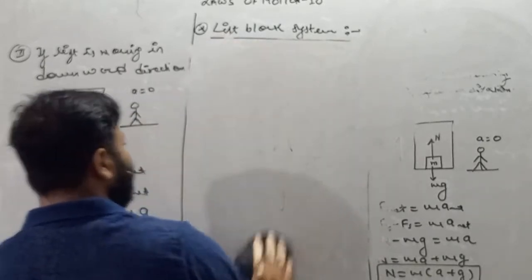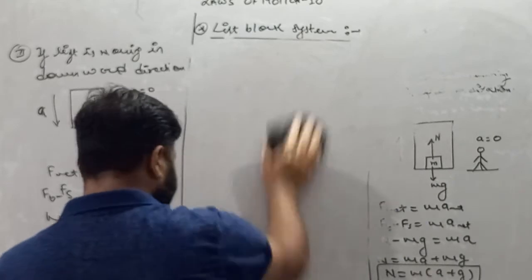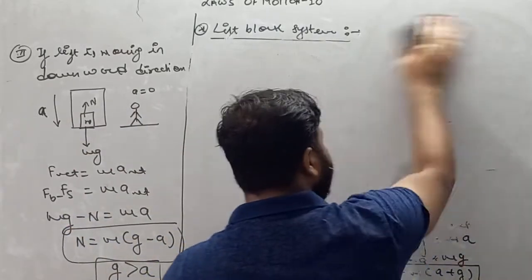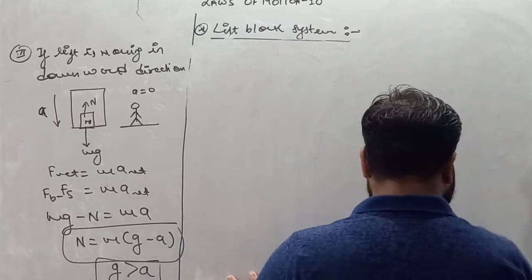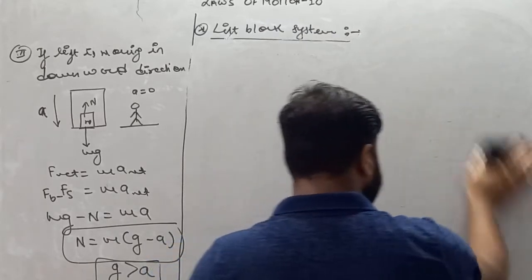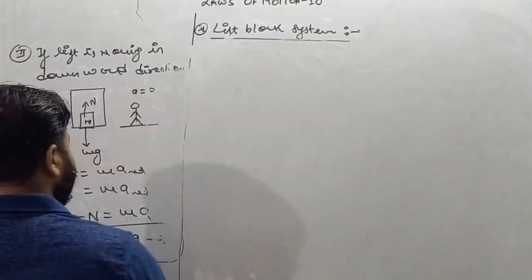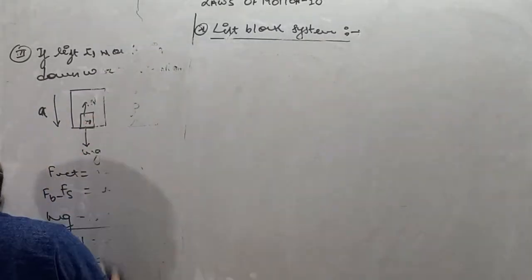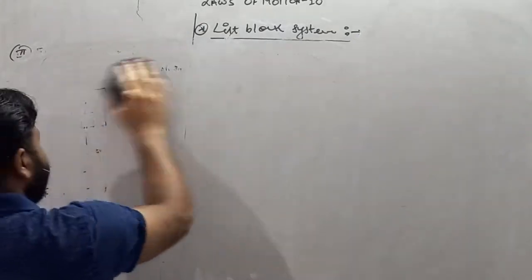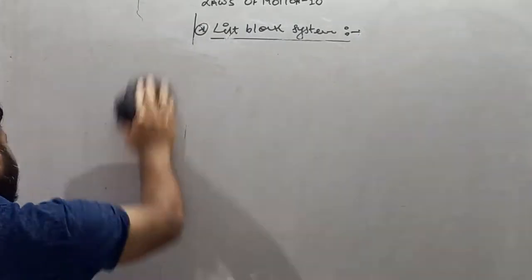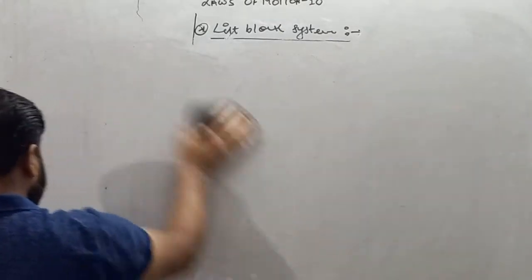The concept is nothing but frame of reference. Frame of reference means observer. Earlier we discussed when the observer is at rest, or the acceleration of the observer is 0. Now we'll consider that the observer has acceleration, that is, how to solve questions with a non-inertial frame of reference.